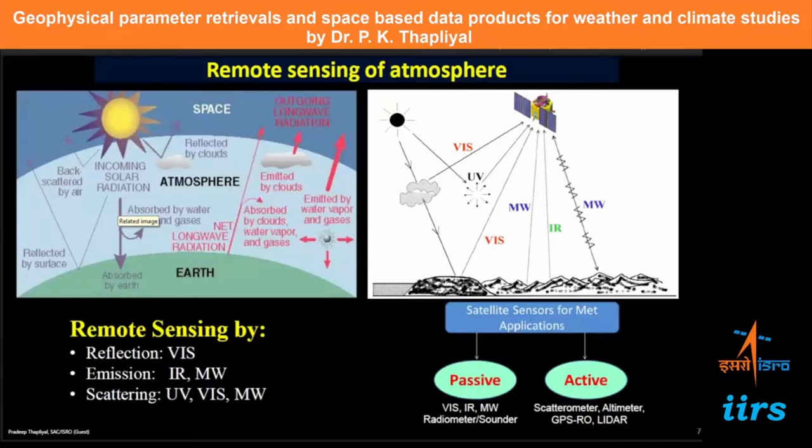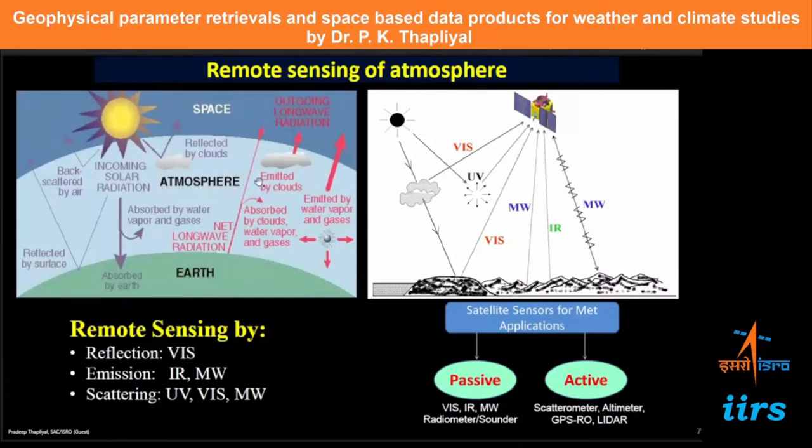So based on that, you can classify or get information about various types of surfaces. But they do not give the important information about the atmosphere, that is, information about the temperature and various other trace gases. So to get that information, we have to make measurements of the emitted radiation.